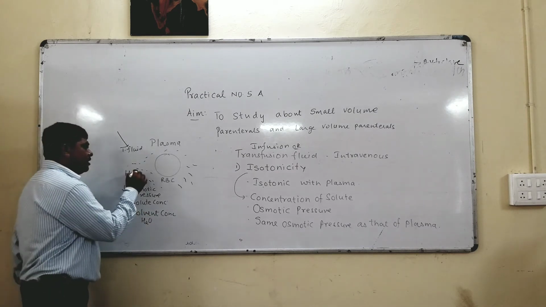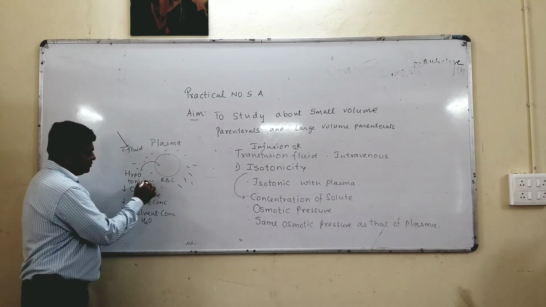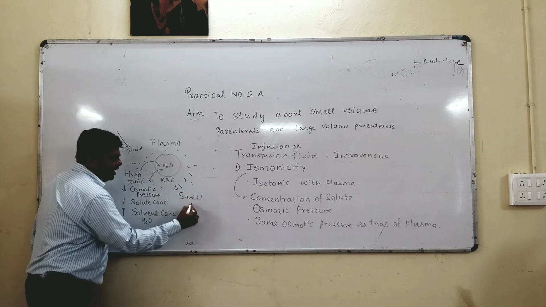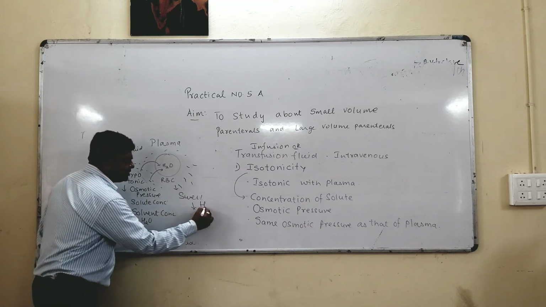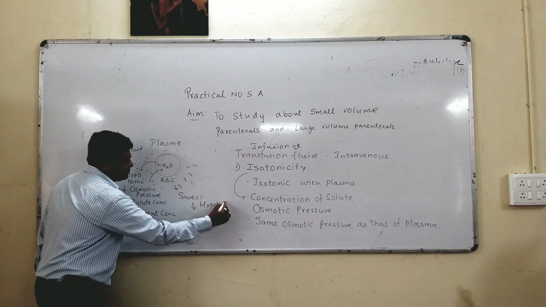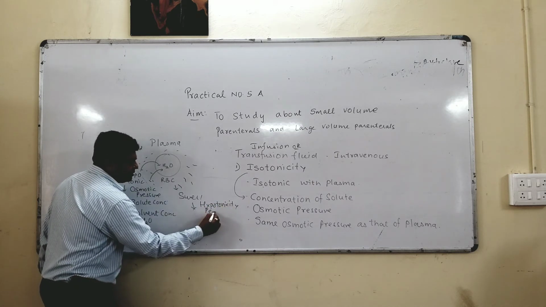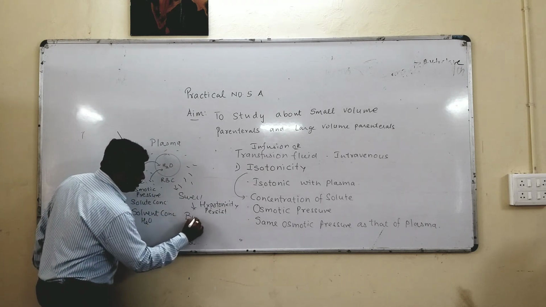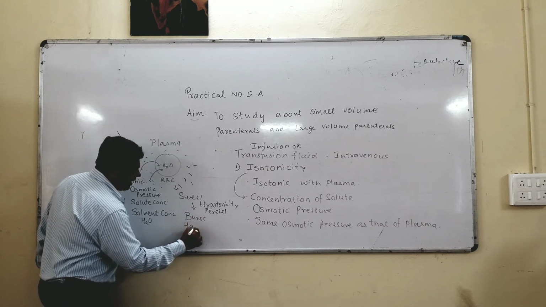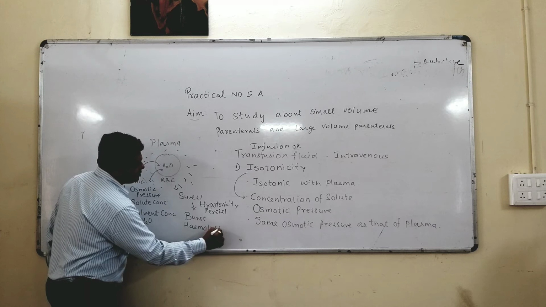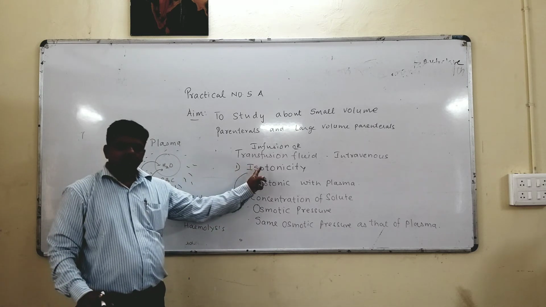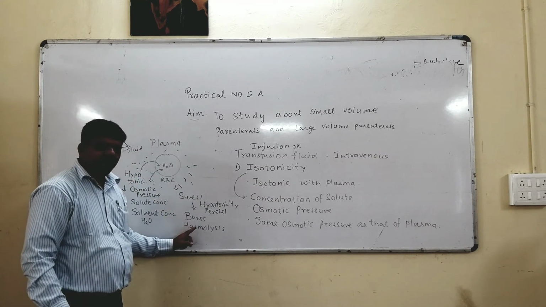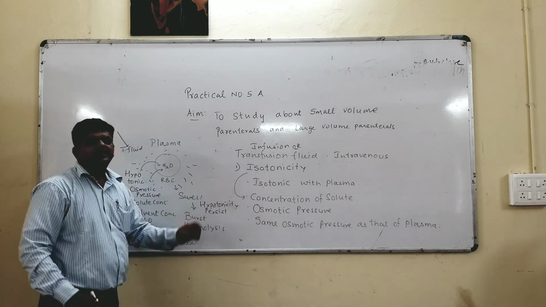That's why water enters into RBC. RBC swell, and if this hypotonicity persists, then there is a burst of RBC, what we call hemolysis. So if transfusion fluid is hypotonic, then RBC will burst.